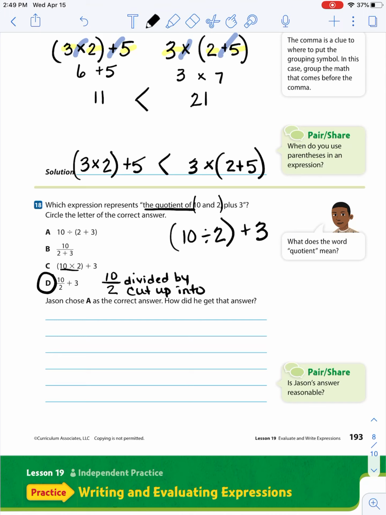Okay? Jason chose A as the correct answer. How did he get that answer? Oh. He found the sum of 2 and 3 first.